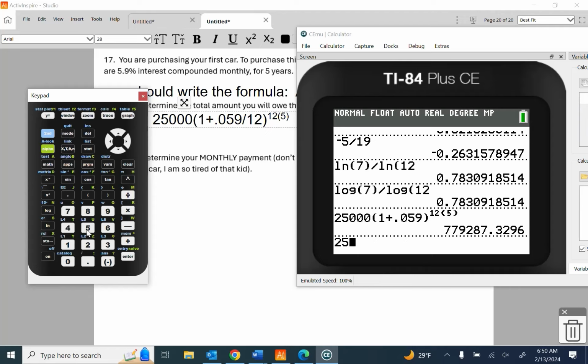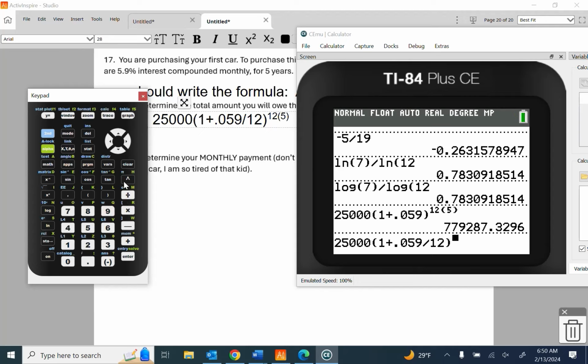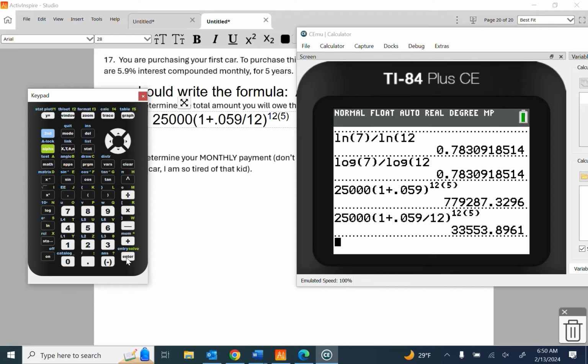Did you guys notice what I did? It shouldn't be that big. That's way too much money. I forgot to put that divided by 12 in there.